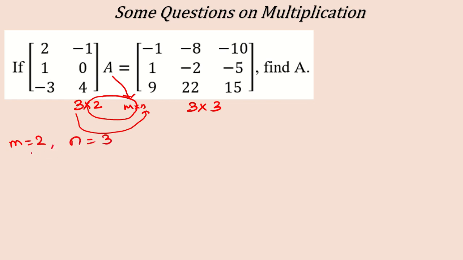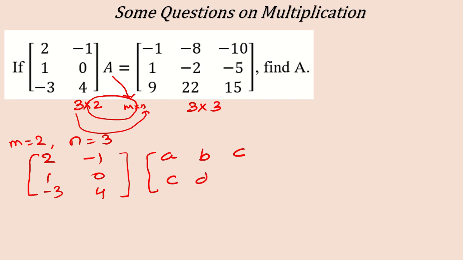So the order of A should be 2 by 3. So write the matrix in the same way. It is 2, minus 1, 1, 0, minus 3, 4, and a 2 by 3 matrix means suppose it is A, B, C, D, E, F. What I am writing? A, B, C, D, E, F.